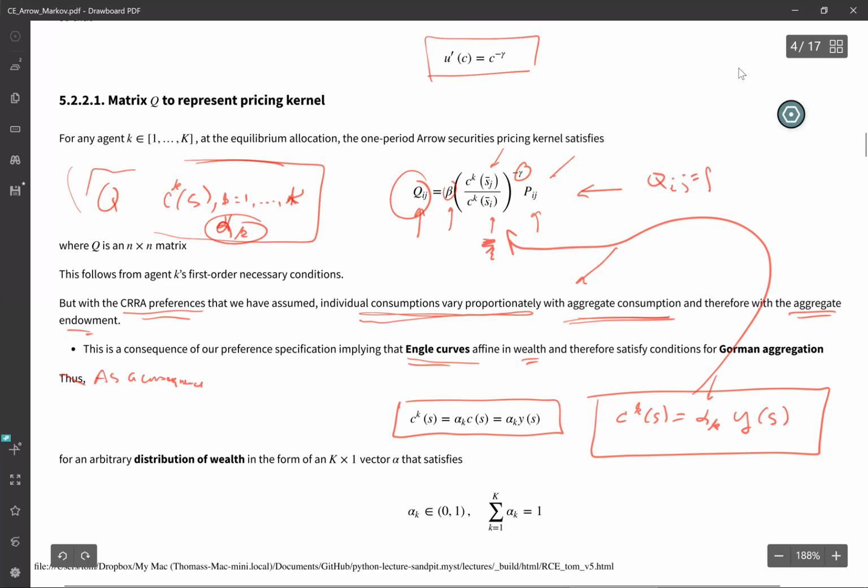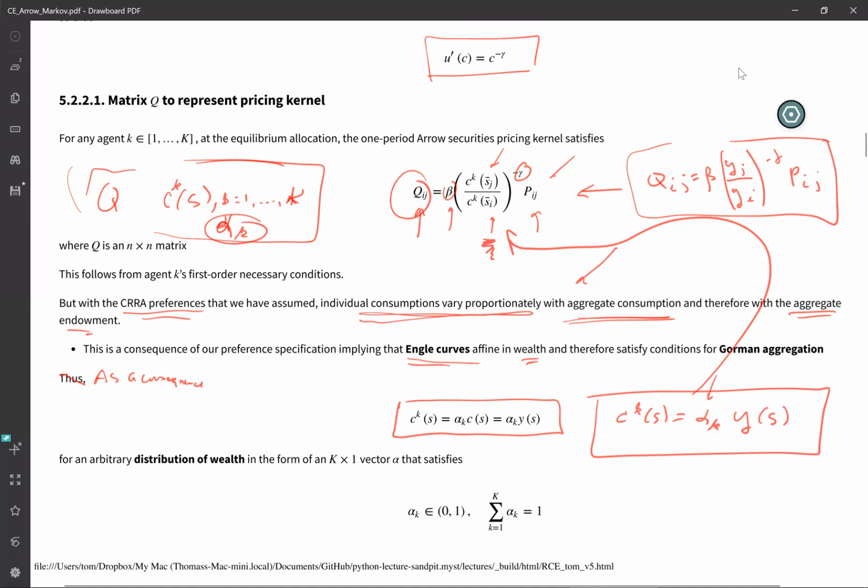Q_ij is equal to beta times y aggregate in state j divided by y aggregate in state i, raised to the minus gamma, times P_ij. And this is going to be my formula for the equilibrium asset pricing kernel. What's happened there is the alphas canceled out because they're in both the numerator and the denominator. And all that mattered was the aggregate amount of income.